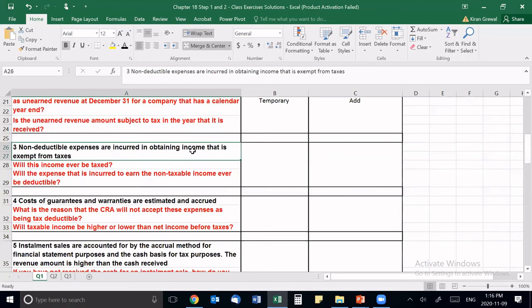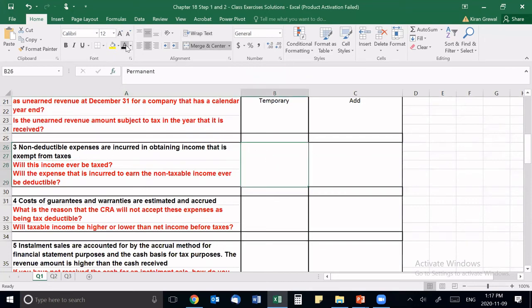Okay? So we're never going to match up here. So it's non-deductible expenses, which means for tax purposes, we aren't ever allowed to record this, and therefore this is a permanent difference. For expenses that have been deducted for accounting income, in order to get taxable income, what you need to do is add it back because they were deducted to get accounting income. We have to add it back in order to cancel it out.